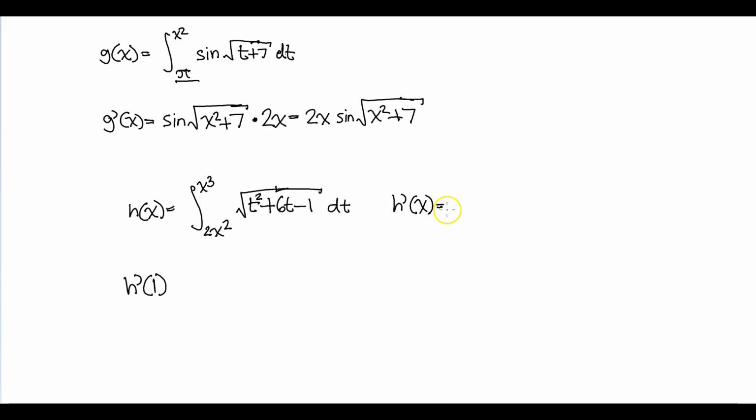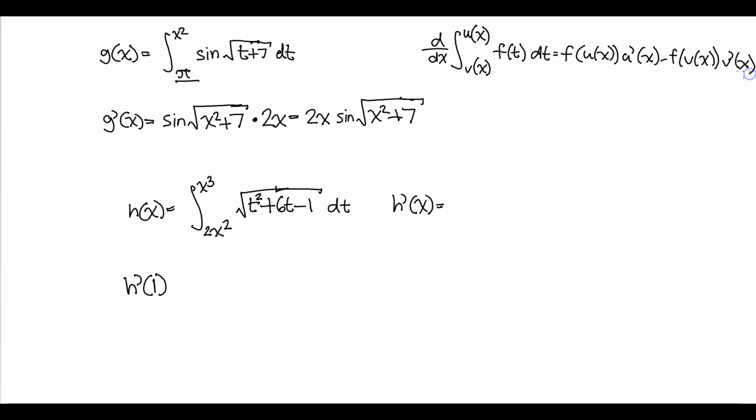So the formula, I'm just going to write the formula. The formula equals f of u of x times u prime of x minus f of v of x times v prime of x. So if we were to apply this formula, you'll get f of u of x. So wherever there's a t over here, you just replace it by x cubed.